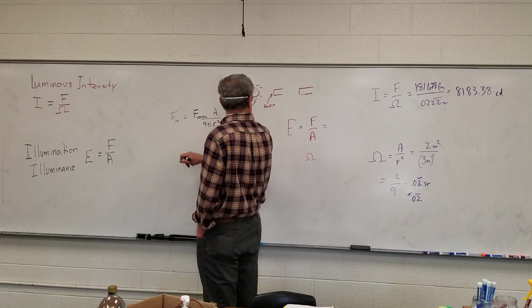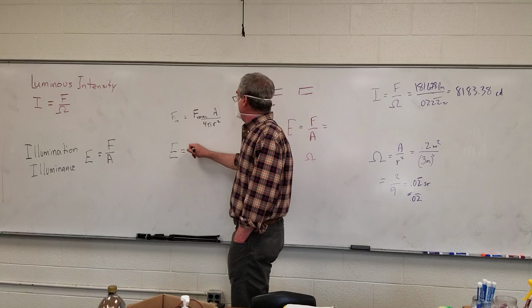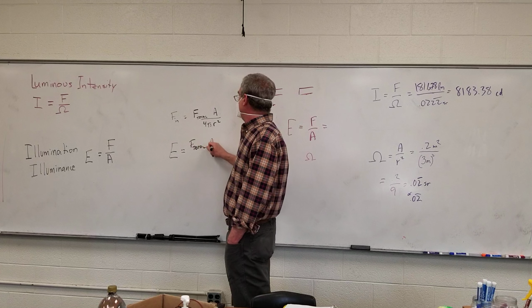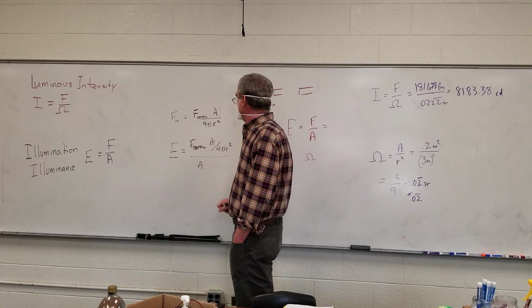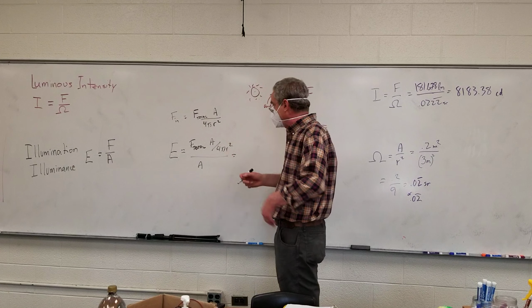So therefore, my illuminance would be that total times the area over 4 pi r squared divided by the area that's actually hitting.